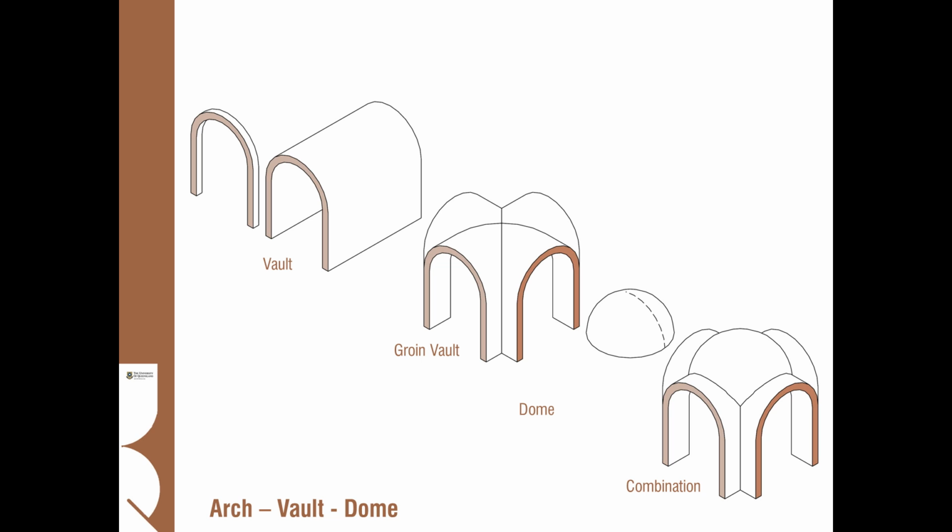And combining these, a dome is half an arch that's rotated, and then combining these again, through the dome and the groin vault you get very complex structures and sense of space. But again, a very direct compression load path.